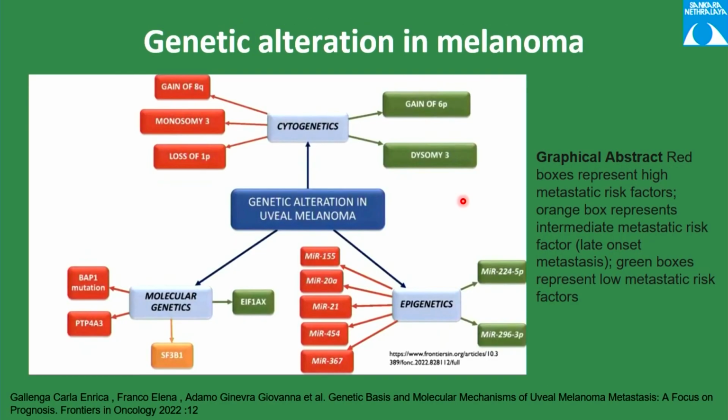Genetic alteration in melanoma. So the boxes in the red indicate that it has a high risk of metastasis, whereas the boxes in the green are a low risk. So gain of 8q, monosomy 3, loss of 1p, BAP1 mutation, and PTP4A3. These all carry a high risk of metastasis.